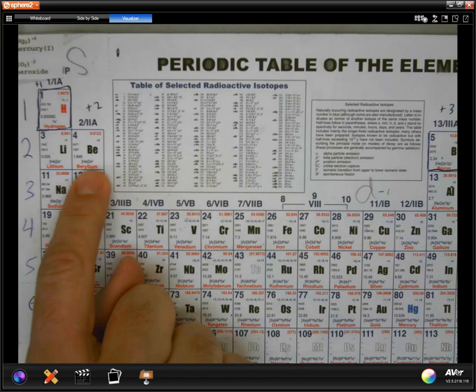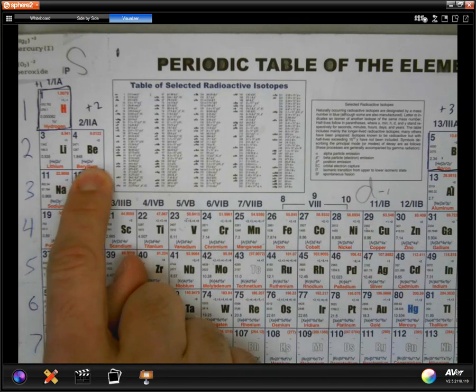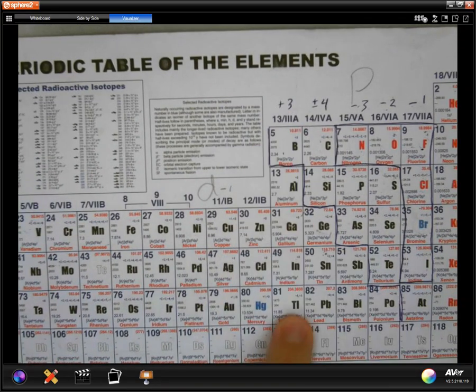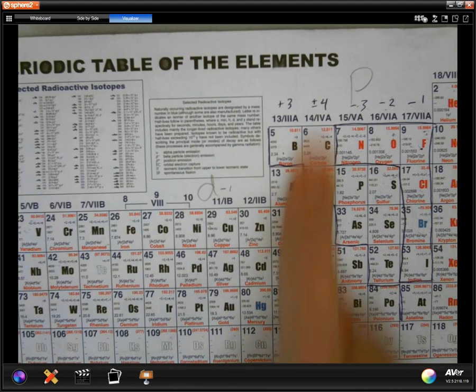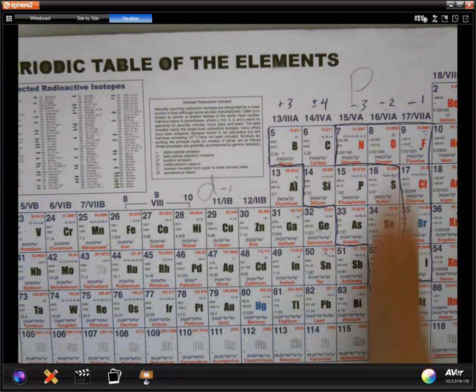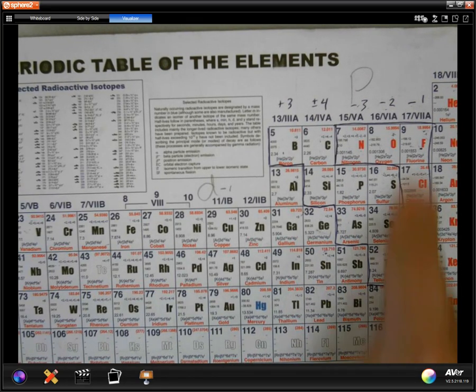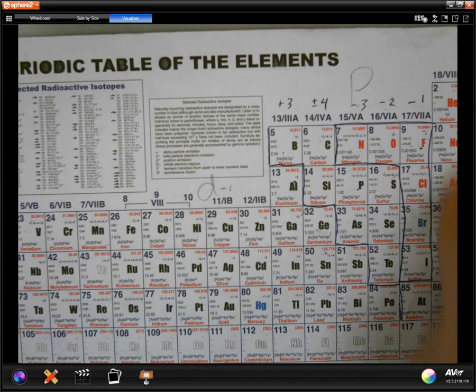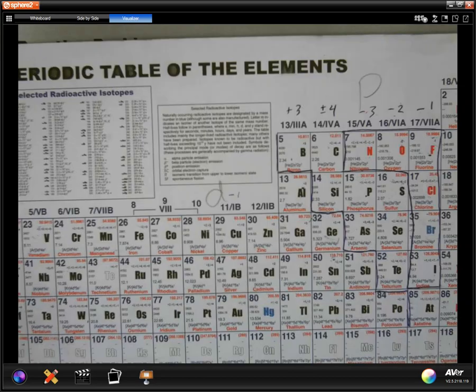Remember, we can look here at the electron configuration, and it's all the s and p electrons in the highest energy level. When we look at boron, these all have 3 valence electrons. Carbon has 4 valence electrons. Nitrogen has 5 valence electrons. Oxygen has 6 valence electrons. Fluorine has 7 valence electrons. And finally, helium has 2 valence electrons, but neon and below all have 8 valence electrons.